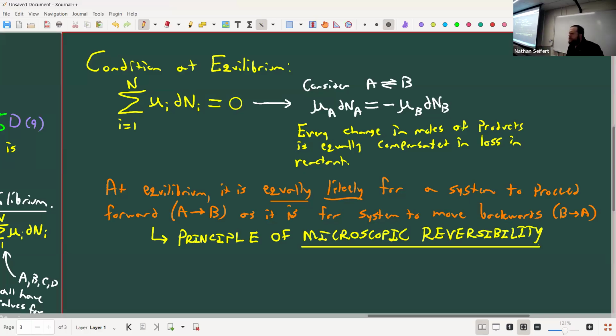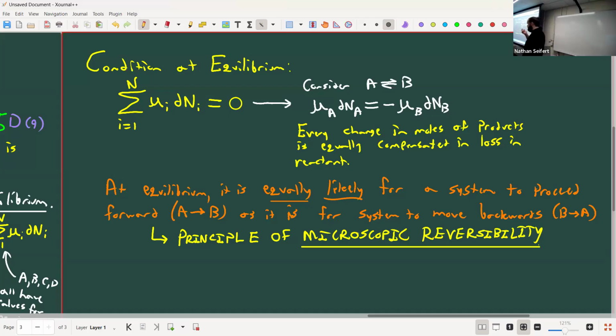The connection between equilibrium and microscopic behavior is inbuilt into the definition of equilibrium. The fact of the matter is that a chemical reaction has no problem going forward and backwards. Now you have to think about that for a second, because I'm sure you can think of reactions that never go backward once they go forward.